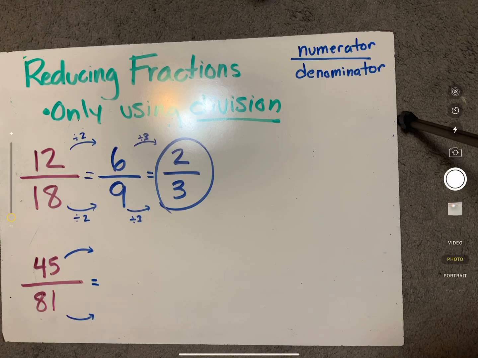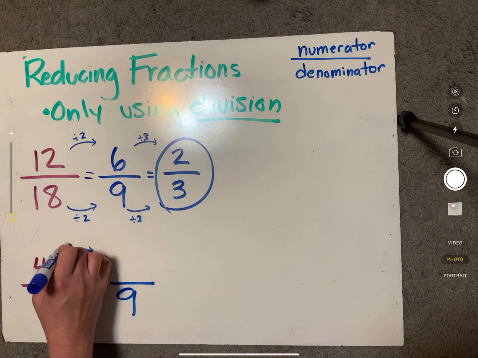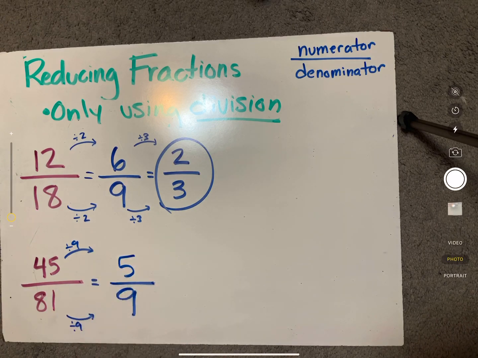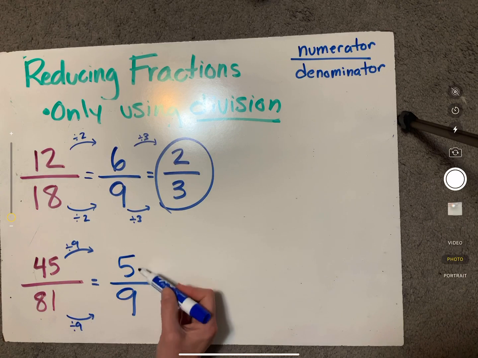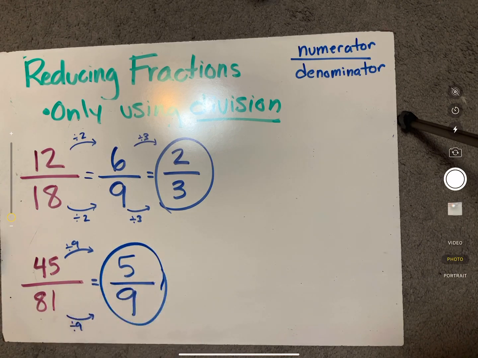The only way I can get 81 here with our normal 1 through 12 facts is going to be 9. So 81 divided by 9 would be 9. So I have to do the same thing up at the top. 45 divided by 9 would be 5. So 5/9, and can anything go into 5 and 9? Nope. So I'm at lowest terms.